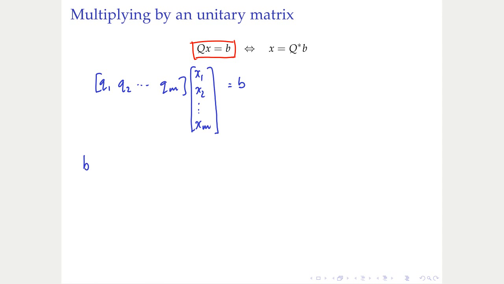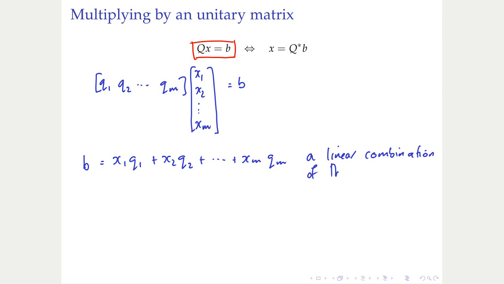Okay, so that means that b equals x1 q1 plus x2 q2 plus xm qm. Okay, a linear combination of the columns of Q. So this is the interpretation we talked about last lecture.